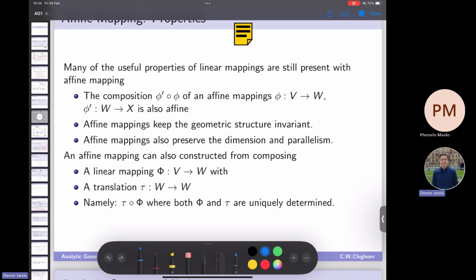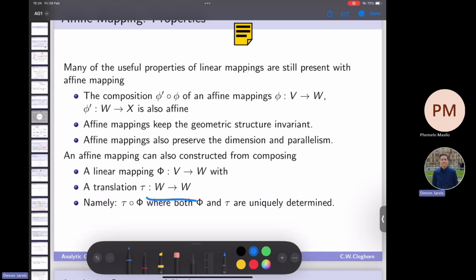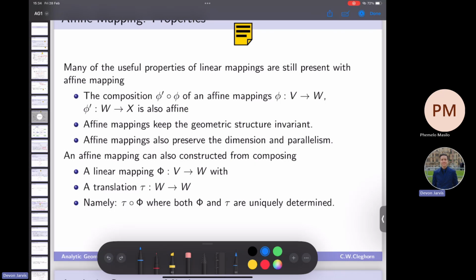Angles will be preserved. Okay, and they keep the dimension the same. All right. An affine mapping can also be constructed from composing a linear mapping with a translation. So that's kind of obvious. That's somewhat by definition. But what's nice is that then you can break down all of the translations into one set of composition and all of the matrix multiplications in another.